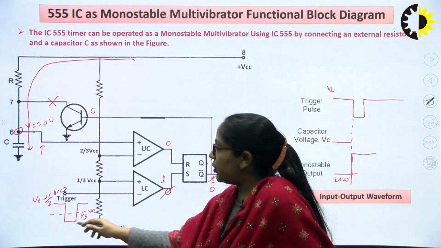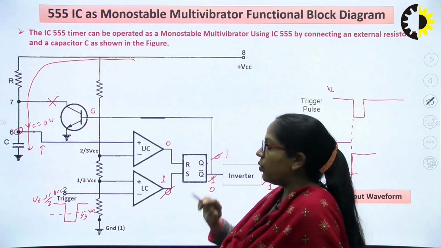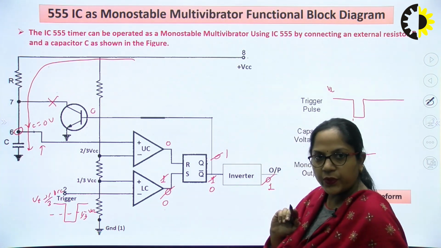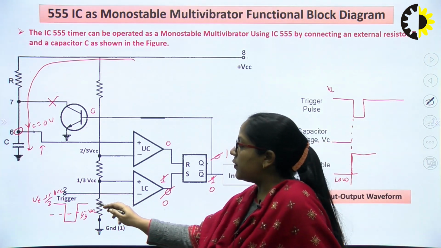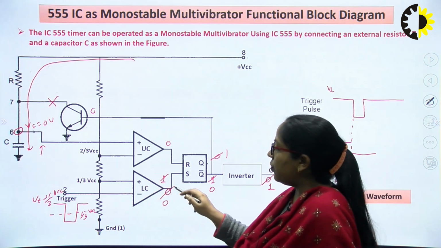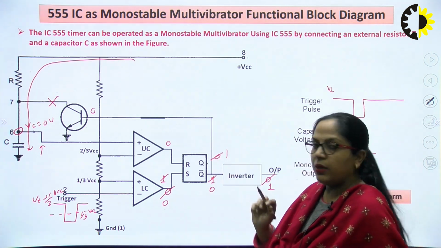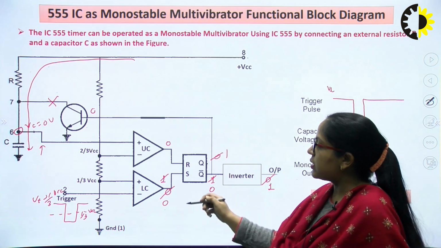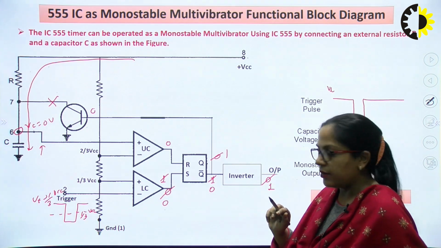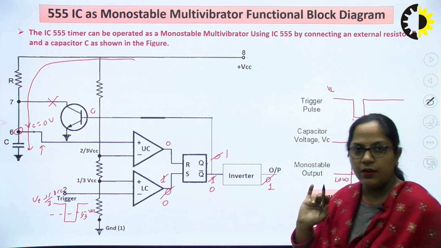Then, as the duration of the triggering pulse is very low, after a certain duration the output of the lower comparator will again become logic 0, because the positive part of this pulse is much greater than 1/3 of VCC. At the upper comparator we are getting 0, at the lower comparator we are getting 0. Before this 0 0, the flip-flop was in set condition. So the output of the monostable circuit will be in the quasi-stable state.